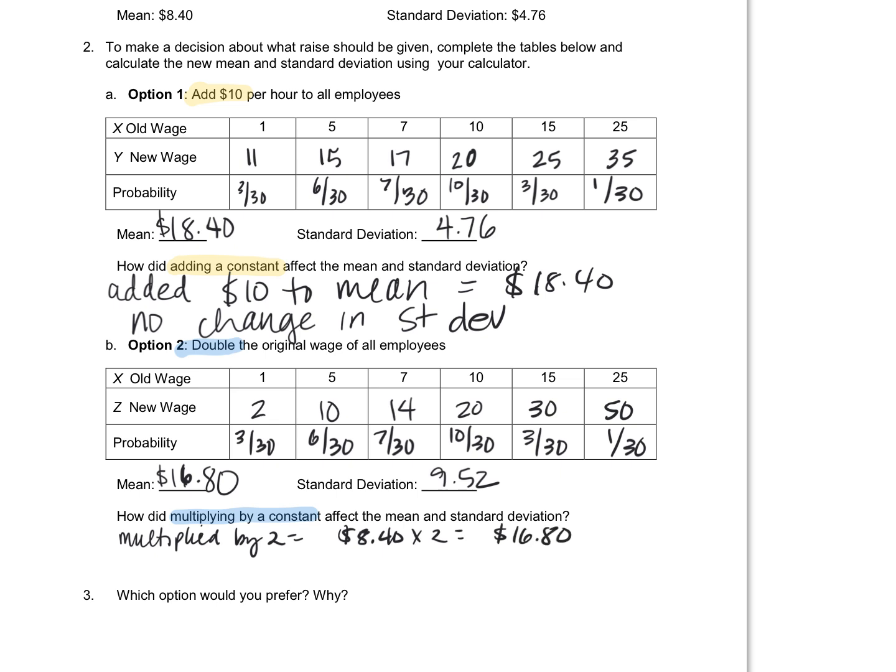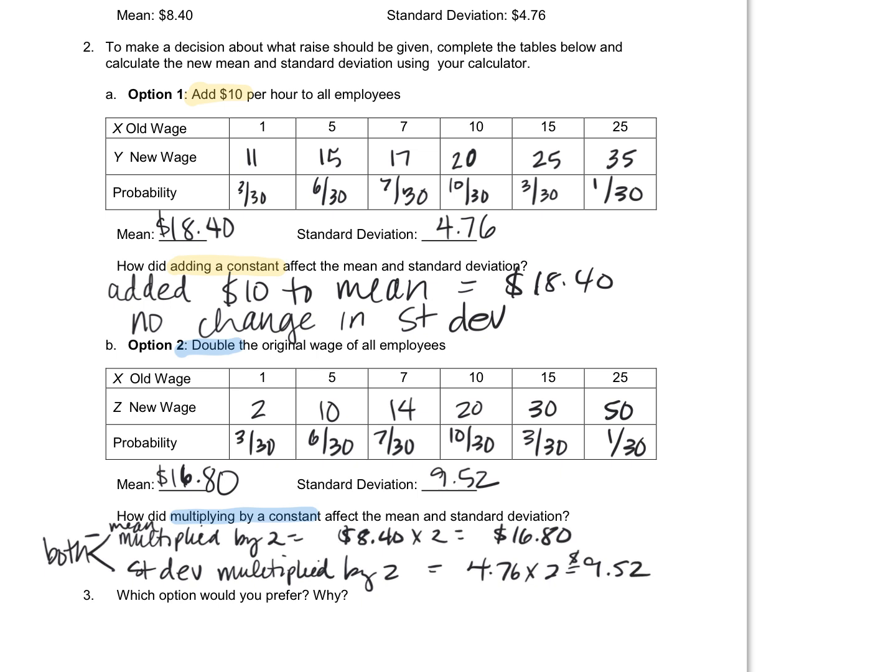What about the standard deviation? Did it get affected this time? Yes. So both the mean and the standard deviation were multiplied by 2. So that was 4.76 times 2 gives me 9.52.